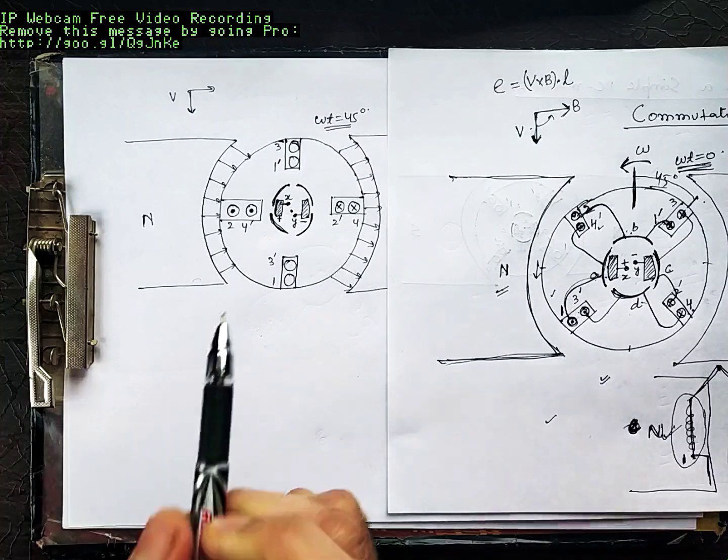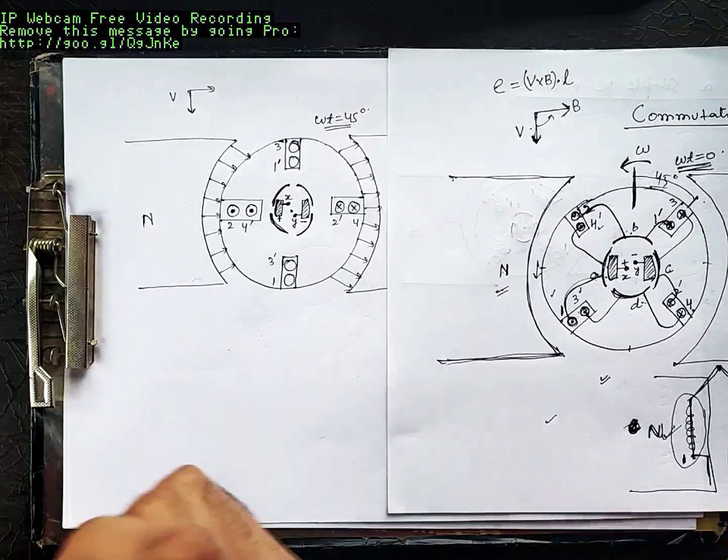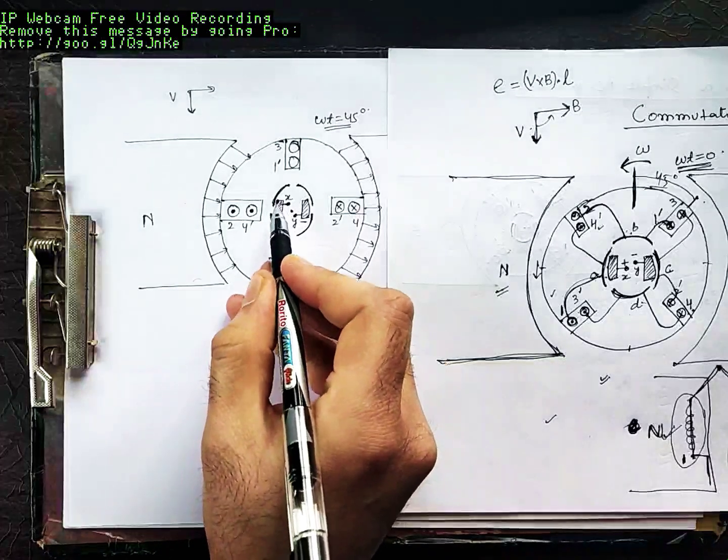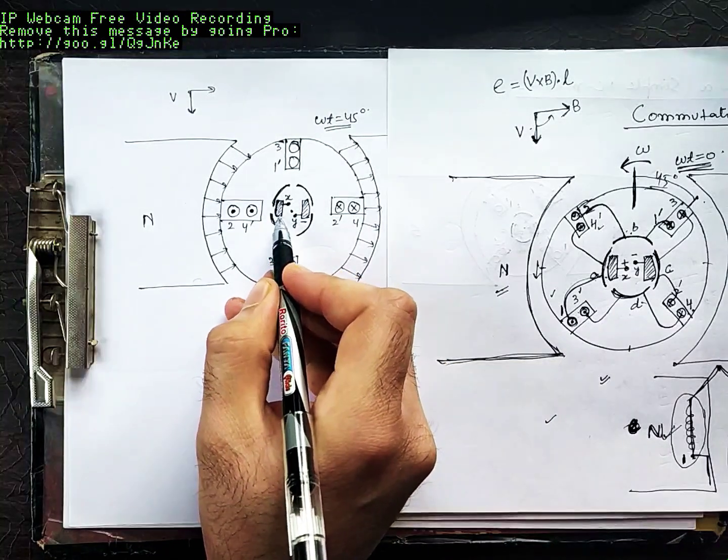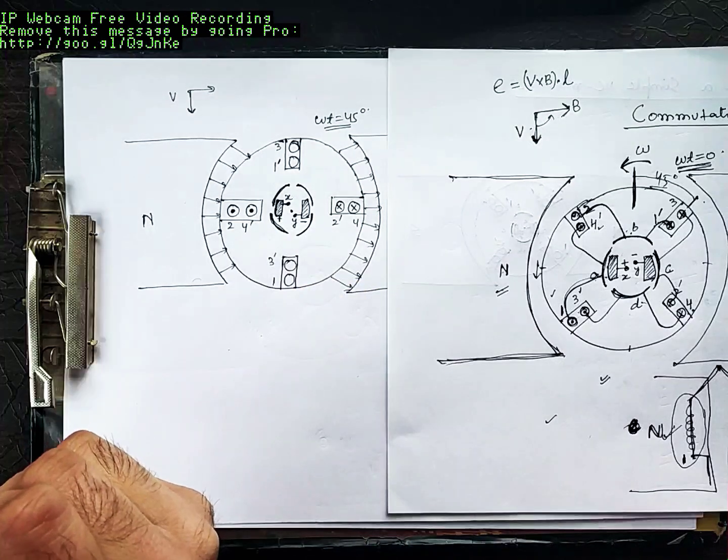As we can observe from this, that positive brush X is short circuiting.